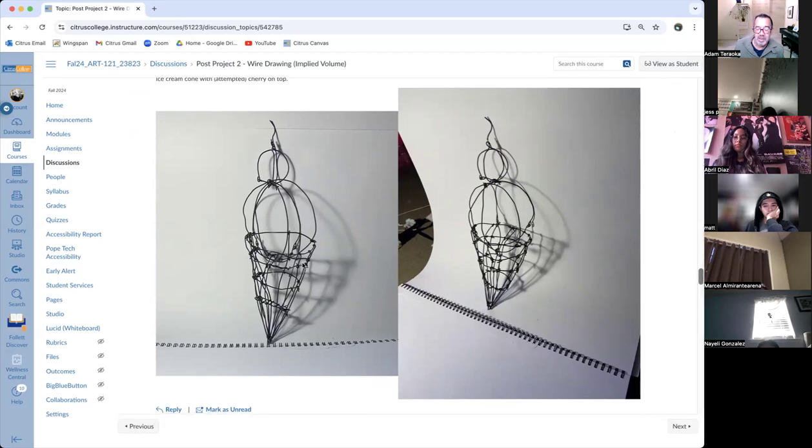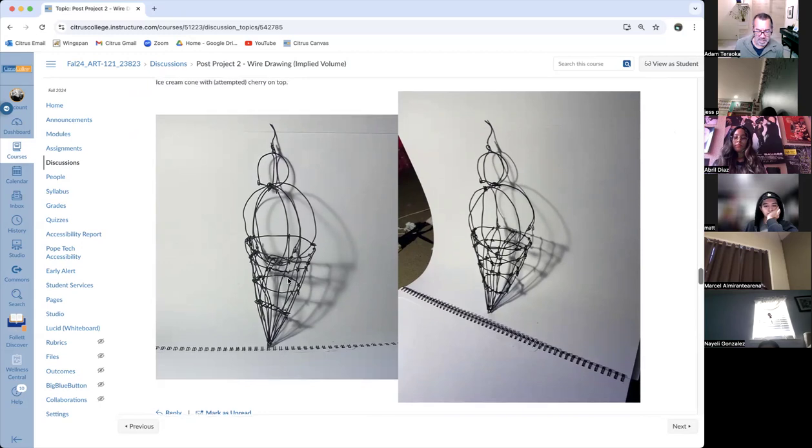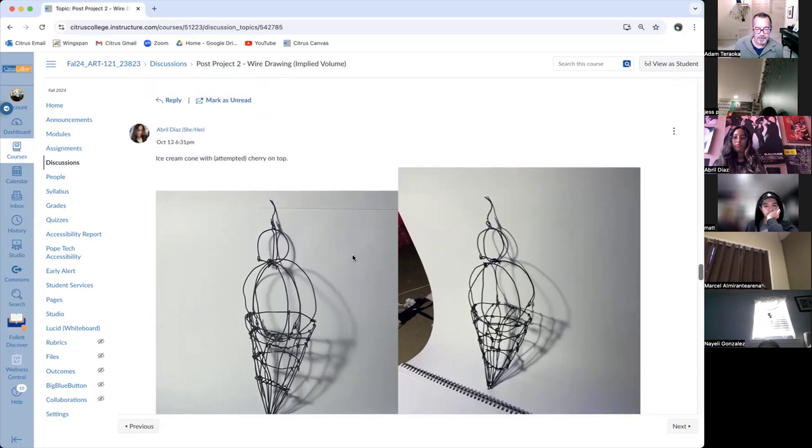And the waffle part would give you plenty of natural contour lines, right? So that's what happened here. These are kind of the squares on a waffle cone, and there's implied volume here, and there's implied volume here. This is the cherry on top.